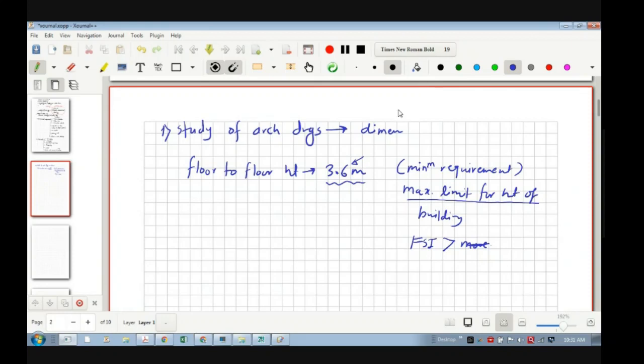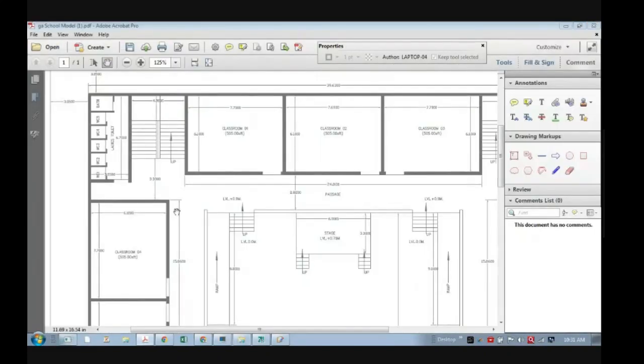And what we are studying in architectural drawing: dimensions, levels, then sunk depth. Okay, as we go along we will do it. Again, go to the plan.